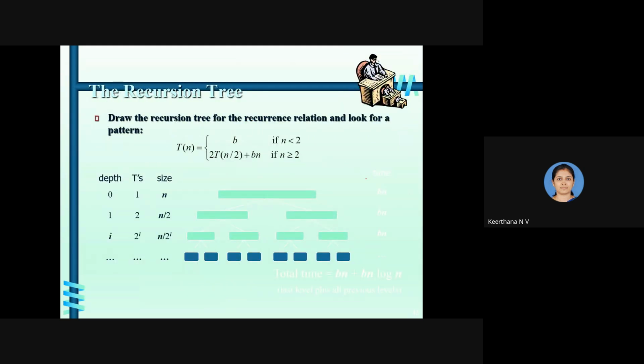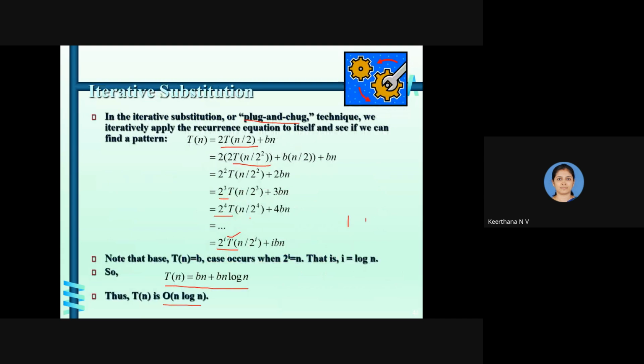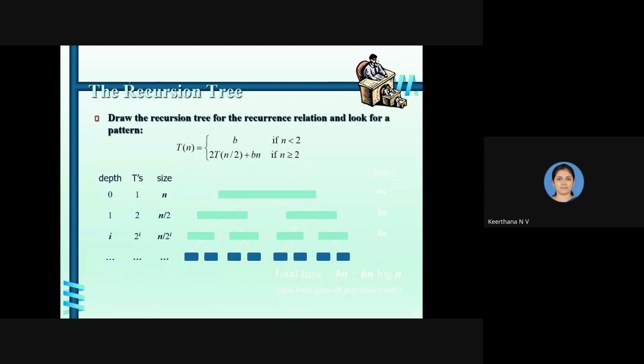Now, how is the recursion tree formed? This iterative process is explained in detail here. If n is less than 2, you take it as the base case, and if n is greater than or equal to 2, you follow the recurrence. You follow the iterative approach on this recursion tree.